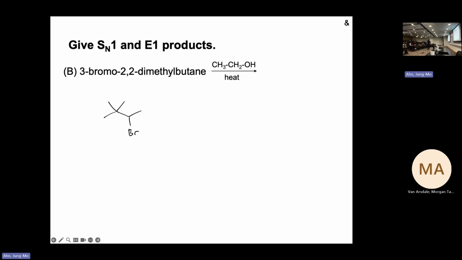If you have a tertiary center next to the carbon, whether this is primary or secondary, this has a big steric presence, and that makes the SN2 reaction still not go well, even for that molecule. This is a really bad substrate for SN2 reactions, even though it's a secondary. Sometimes people forget that part, so I'm reminding you.